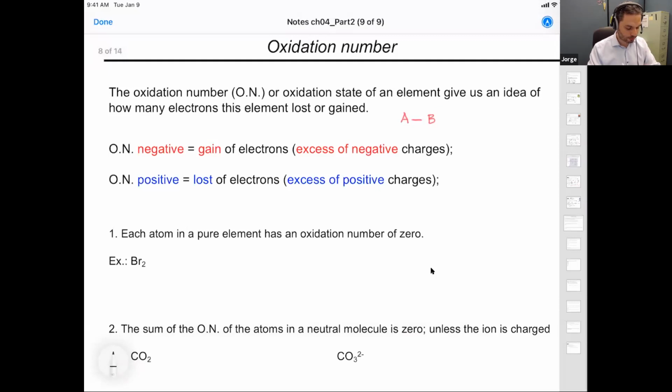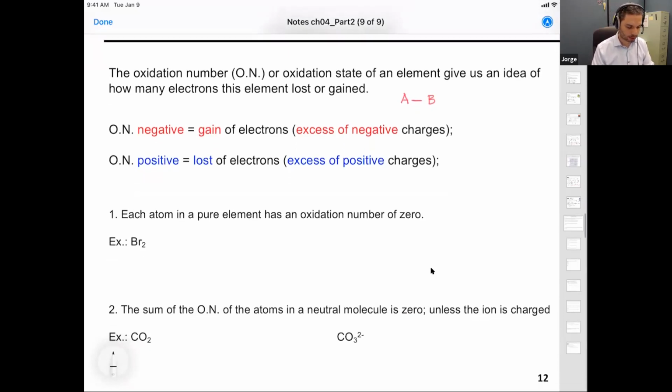And just reinforcing here, if the oxidation number is negative, the element gained electrons. Okay, there is an excess of negative charges. On the other hand, if the oxidation number is positive, this element lost electrons, or there is excess of positive charges.